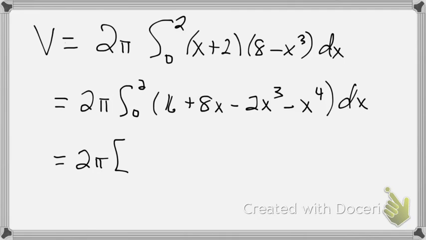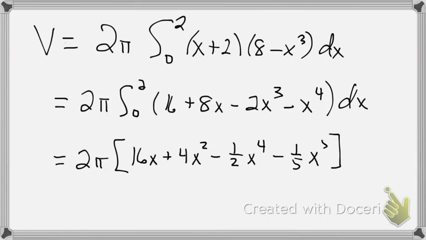Two pi and we anti-differentiate. That's 16x plus 4x squared minus 1/2 x to the 4th minus 1/5 x to the 5th. And we were relatively getting not too bad numbers until that last one.